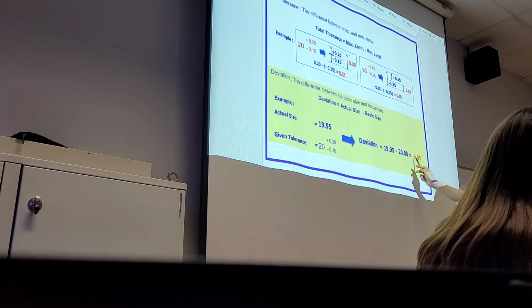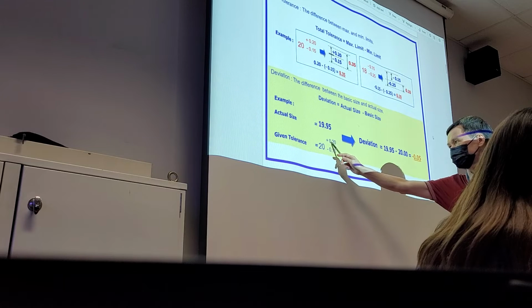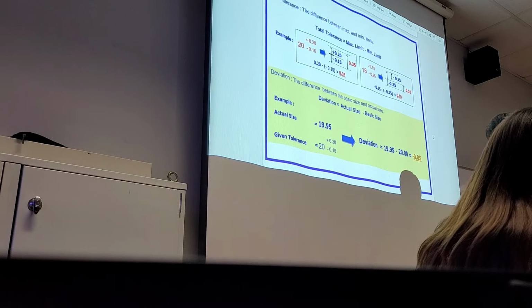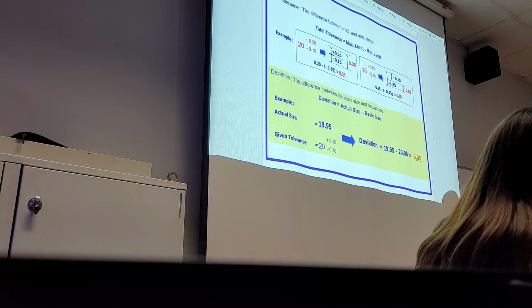Minus 0.05. I have a tolerance of plus 0.2 minus 0.15. Is it acceptable or not? So there's a range. I allow the dimension to deviate on the plus side a maximum of 0.2, and on the negative side minus 0.15. So it is acceptable.